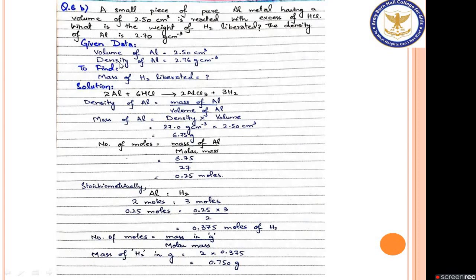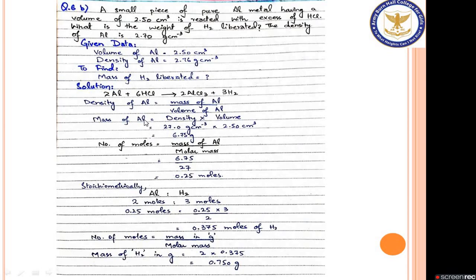So by using the volume and density we have to calculate the mass of the aluminium. We can calculate it with the help of this formula: density is equal to mass by volume. So density of aluminium is equal to mass of aluminium divided by volume of aluminium. So mass of aluminium is equal to density multiplied by volume.